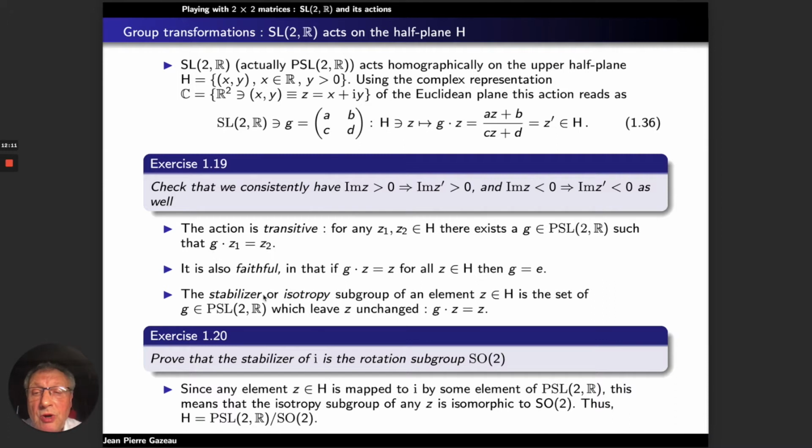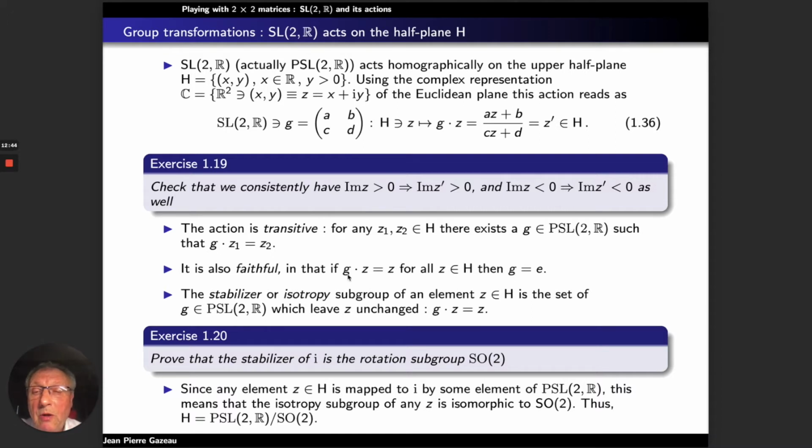This action is also faithful. That means if you have an element G which leaves fixed any element of the upper half plane, then this element is the identity.